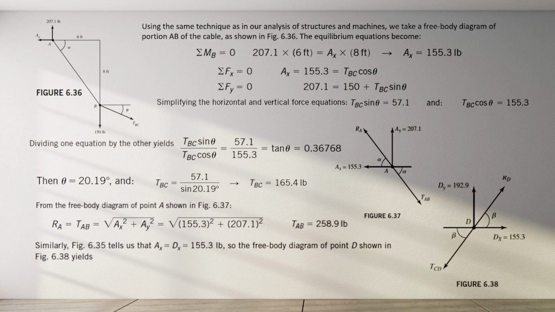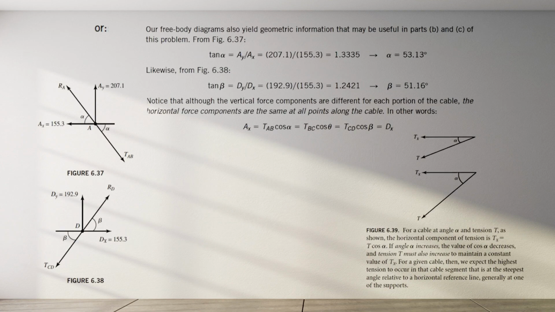So the free body diagram of point D, shown in figure 6.38, yields TCD equals 247.6 pounds. If you want to find values for the angles, our free body diagrams also yield geometric information that may be useful in parts B and C of this problem.